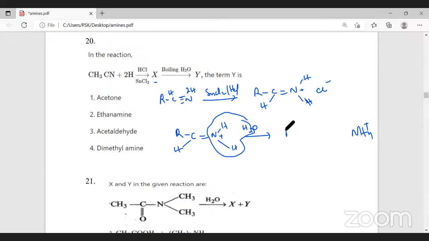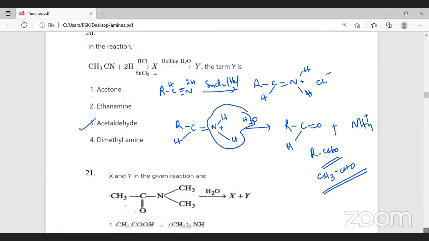So what is left? We have R, C, H, and a double bond O. So this is nothing but RCHO. So in case of this molecule, in place of R, you will have CH3CHO. This is called acetaldehyde. Hence, the answer for this question is option 3.